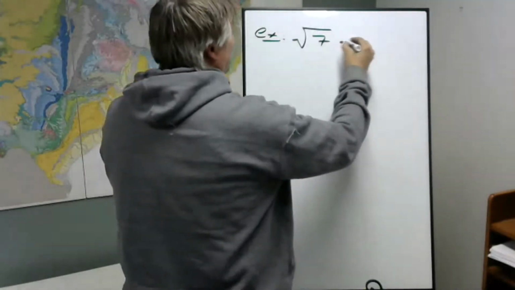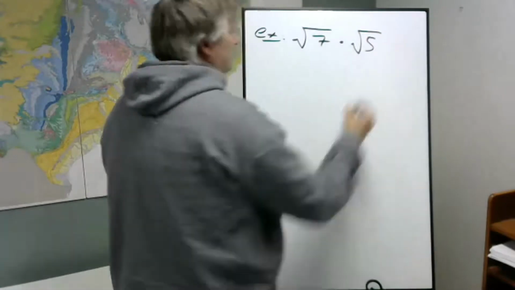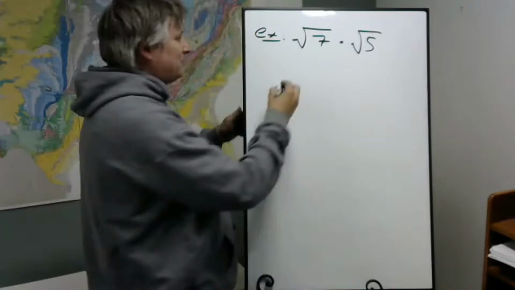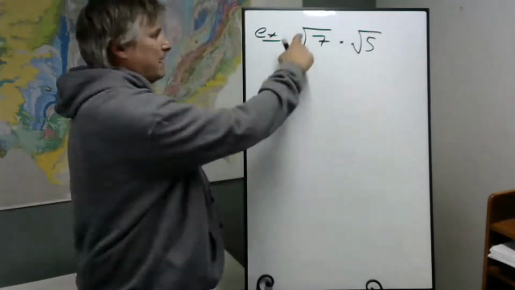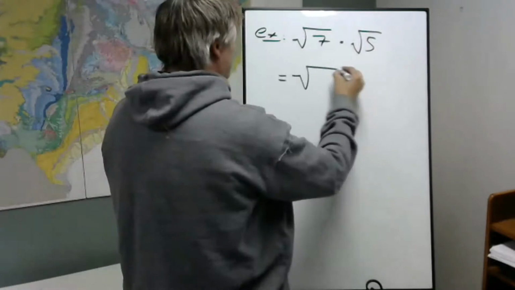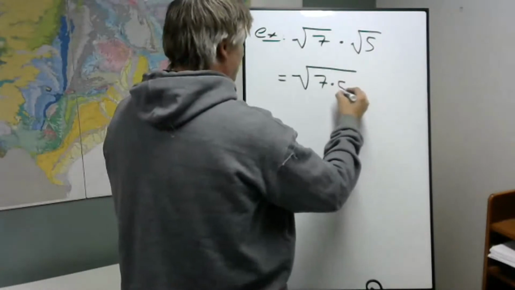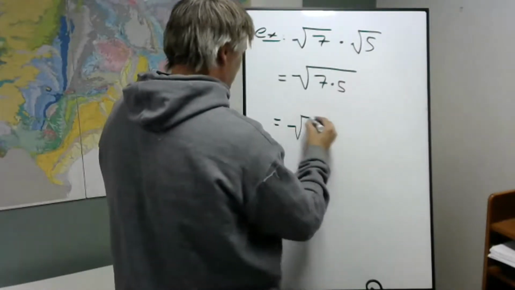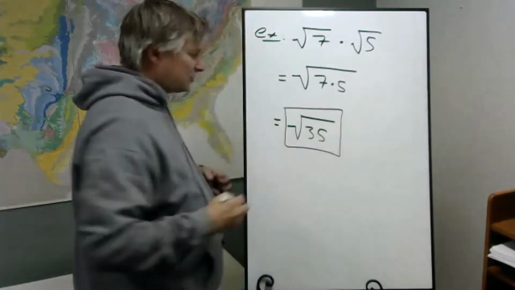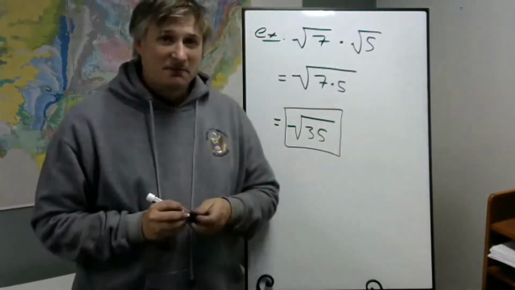The square root of 7 times square root of 5. Well, in this case, we can combine the roots. They're both square roots. Or the square root of 35.